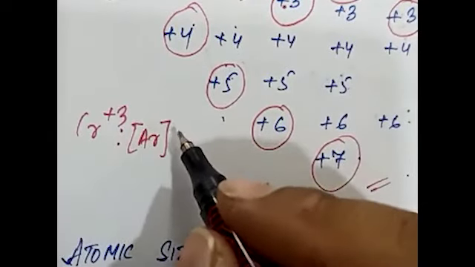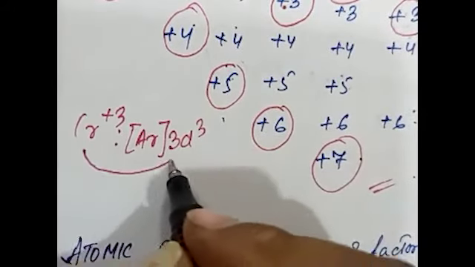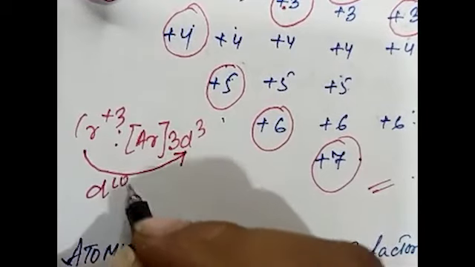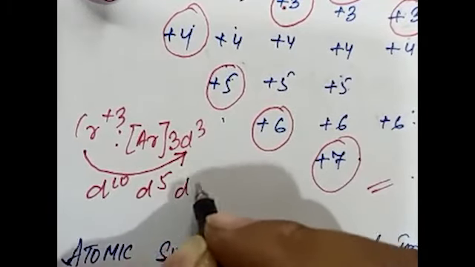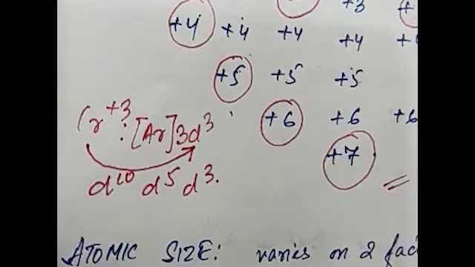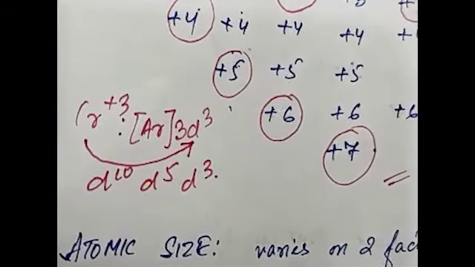Chromium plus 3 is argon 3d3. So chromium plus 3 is very stable because of the 3d3 configuration. You check d10 or d5 or d3. So if the configuration is d10, d5 or d3, then it should be very stable.